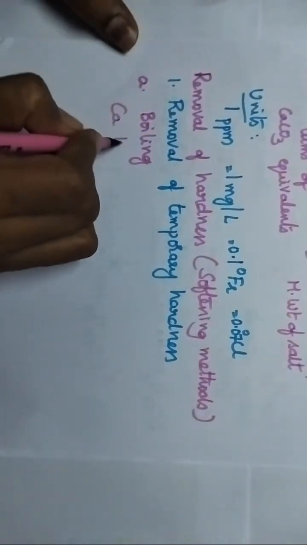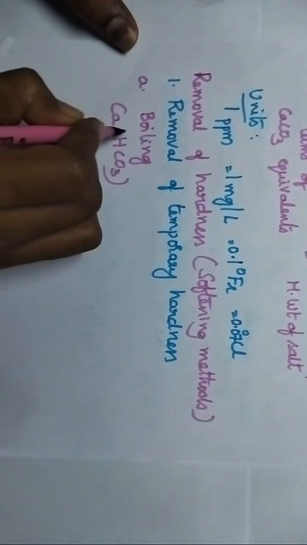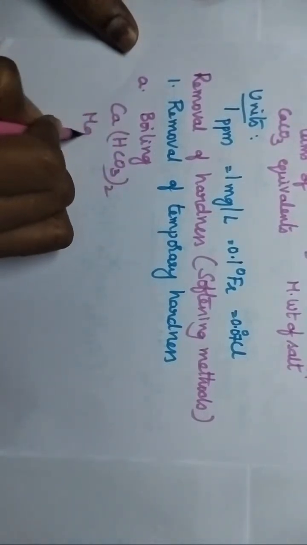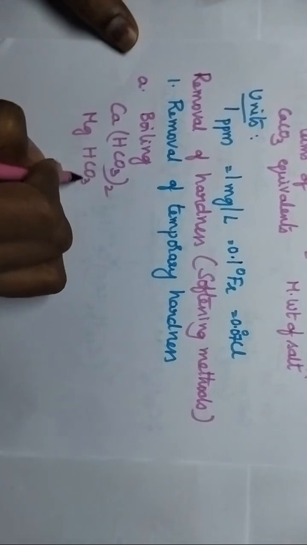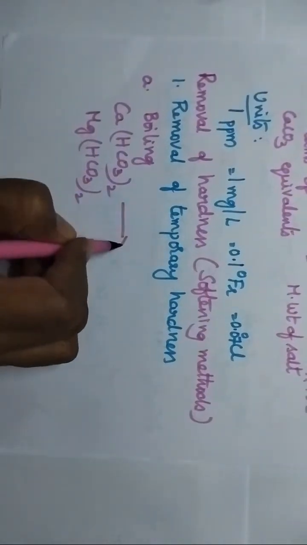Especially it contains calcium bicarbonate or magnesium bicarbonate. So temporary hardness is mainly due to the presence of calcium bicarbonate or magnesium bicarbonate. So whenever water is boiled, then what happens?